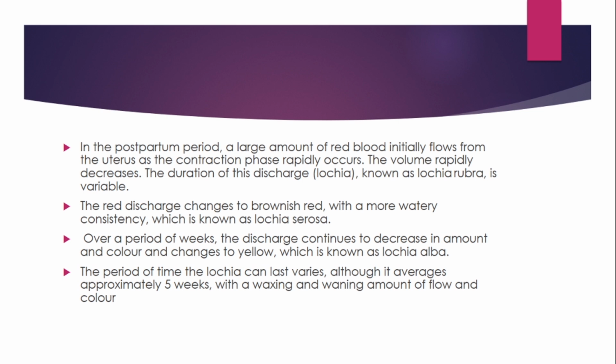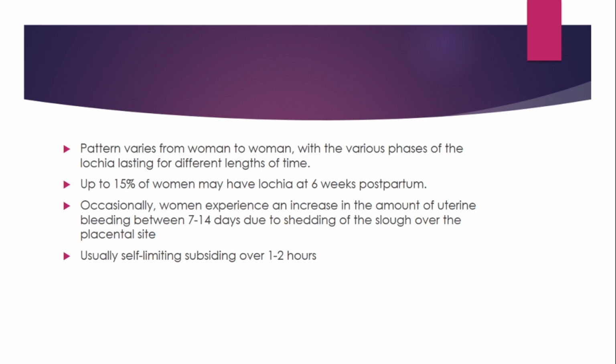The period of time the lochia lasts can actually vary, although it averages approximately 5 weeks. So pattern varies from woman to woman, with the various phases of the lochia lasting for different lengths of time. And up to 15% of women will have lochia even at 6 weeks postpartum.